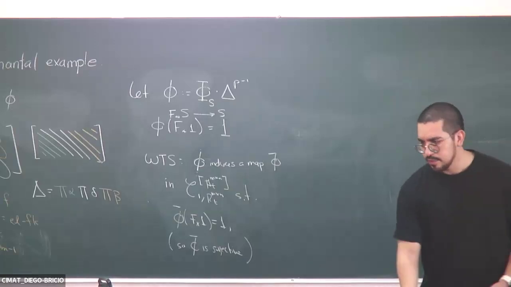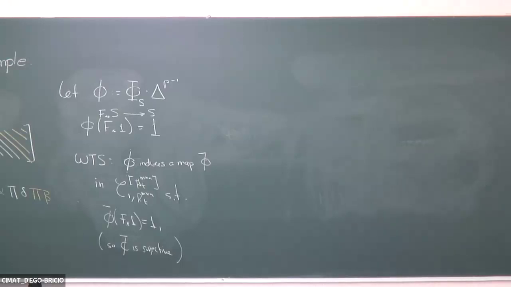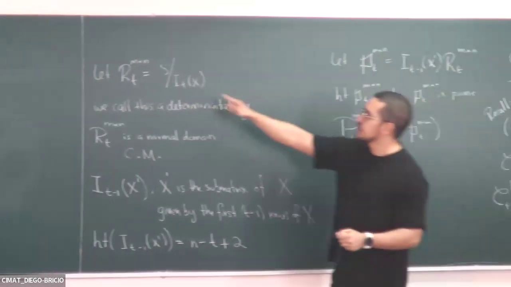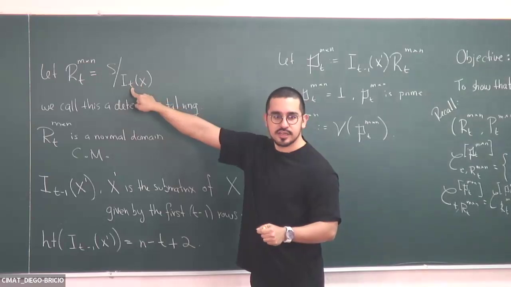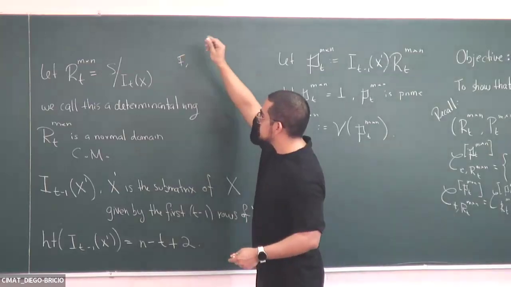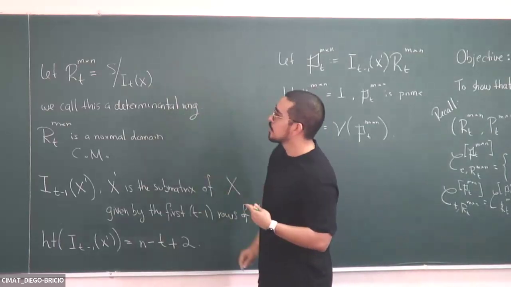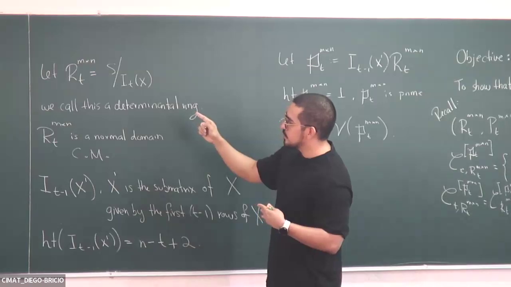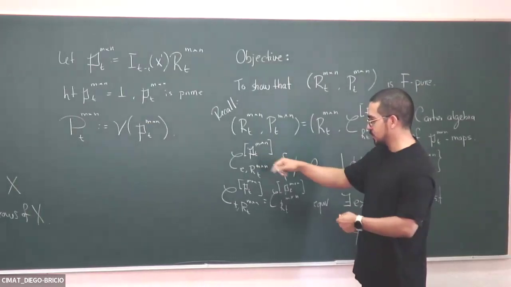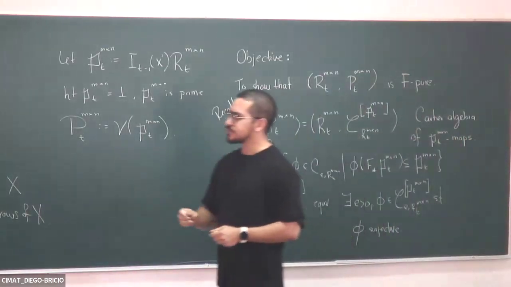So notice, first of all, in order for the map phi to get an induced map in this ring, we need phi to be such that it sends this guy, with respect to this guy, when the Frobenius push forward to itself. Moreover, we're going to need that it sends this as well to itself, in order for this property to hold.